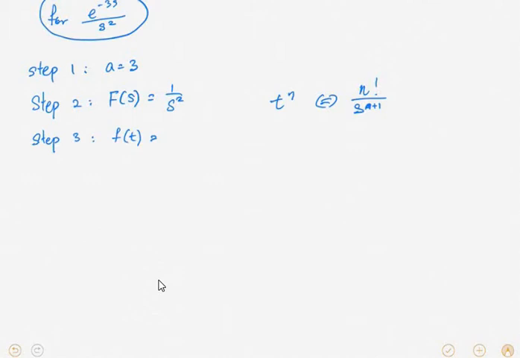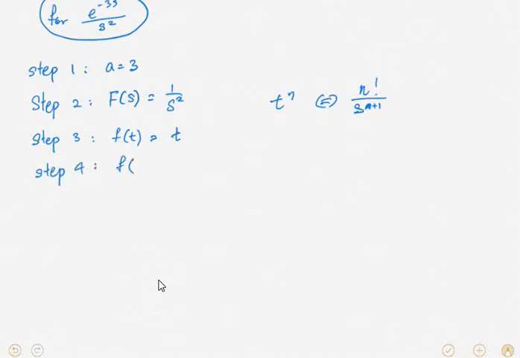So if you have 1 over s squared, it means t to the power of 1, so t here. And then step number 4.